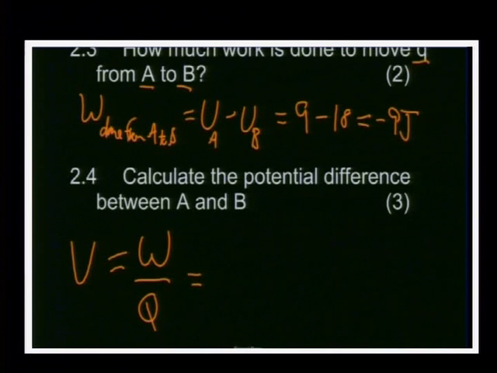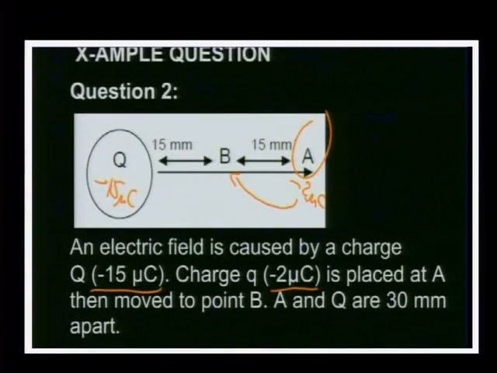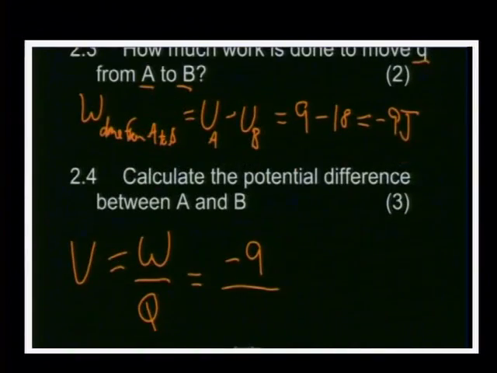In this case, we know that there was negative 9 joules of work done against the field, but what was the charge moved? Have a look. It was charge A, and that is minus 2 microcoulombs. So it's minus 2 times 10 to the minus 6 coulombs.